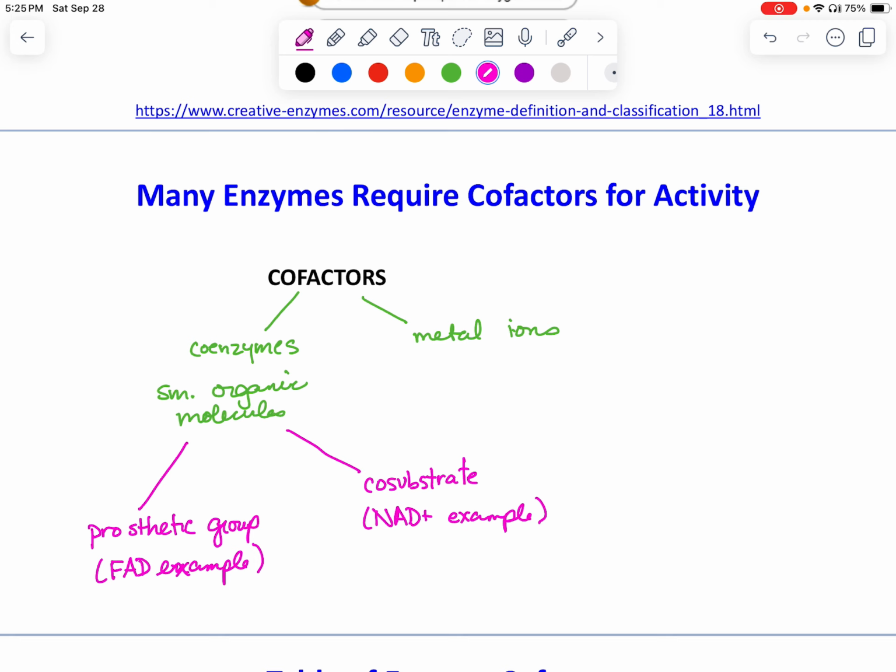All right, so how are these different? The difference is that the prosthetic groups are bound to the enzyme. They stay there. They change during the process, maybe, but they stay in place. The co-substrate can enter and leave the active site.